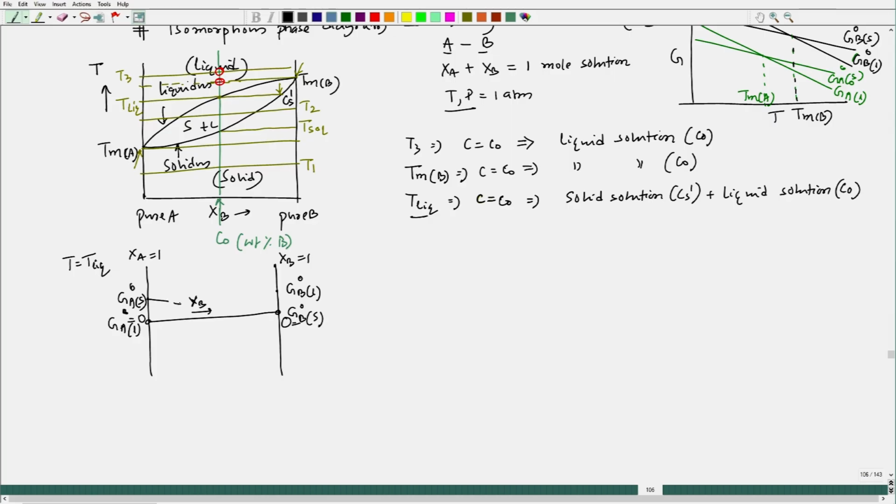So, this is basically G1 solid, and this is G1 liquid.